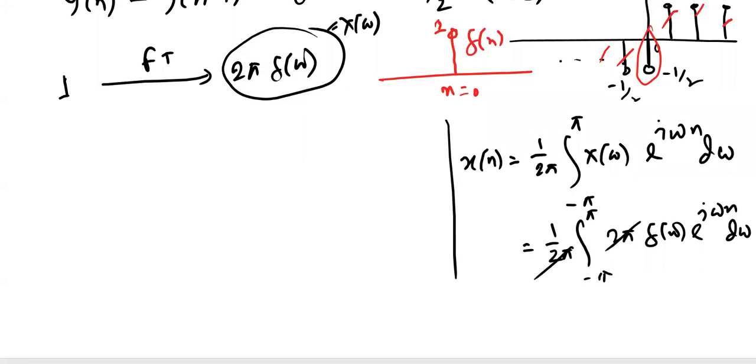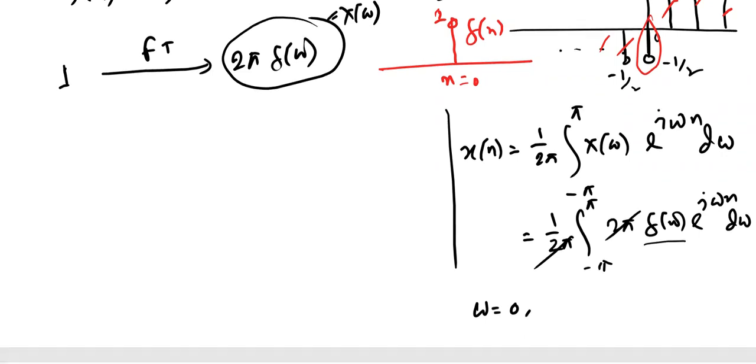Since this is a delta function, it only has the value at omega equals 0, because it is delta of omega here.